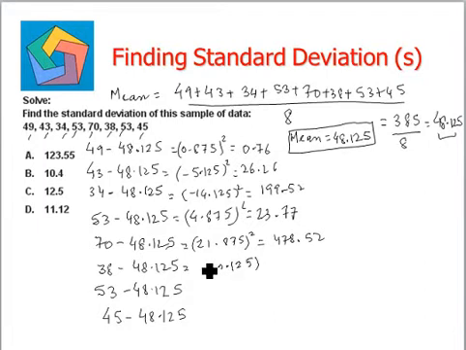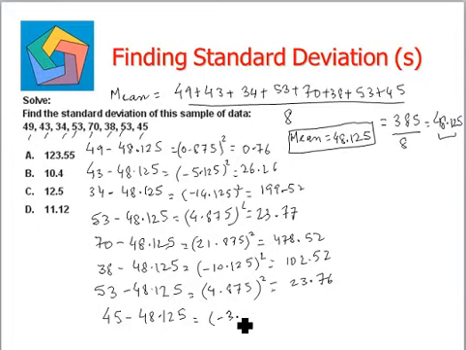Squaring it will give a positive value because the square of a negative number is a positive number. Then you have the last but one, 4.875. When we square it we get 23.76. And last one, 45 minus 48.125 gives us negative 3.125, and when we square this we get 9.76.